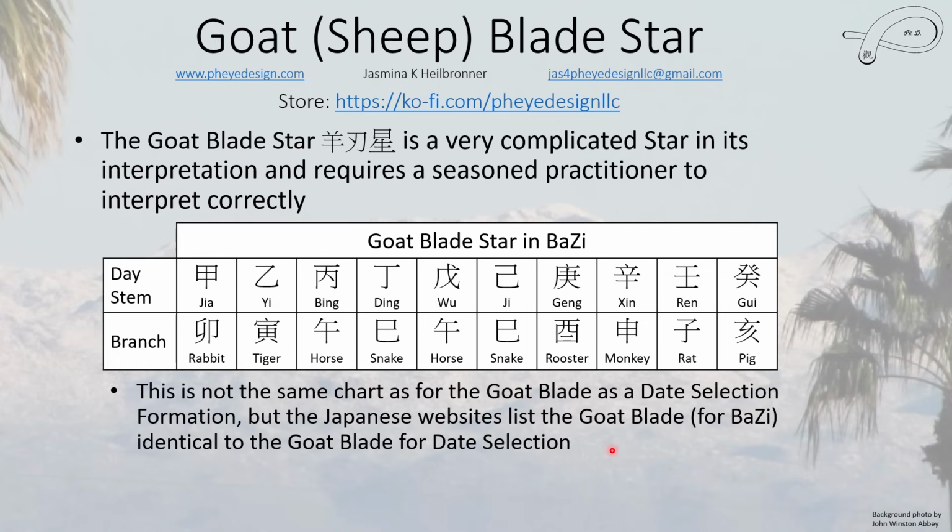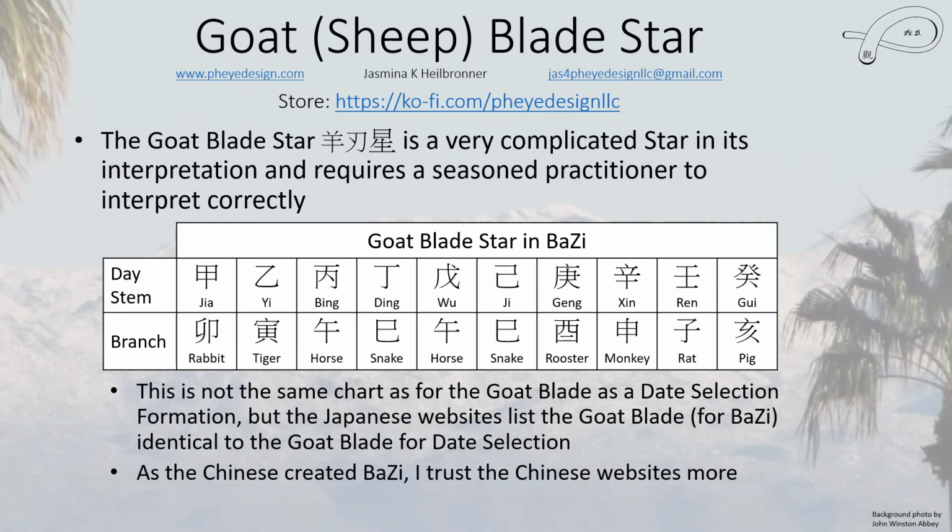And it isn't the same chart as the date selection formation, but the Japanese websites list the goat blade for BaZi identical to the goat blade for date selection. So that, again, threw me off a little bit, and I did wonder. But as the Chinese created BaZi, I am trusting the Chinese websites.